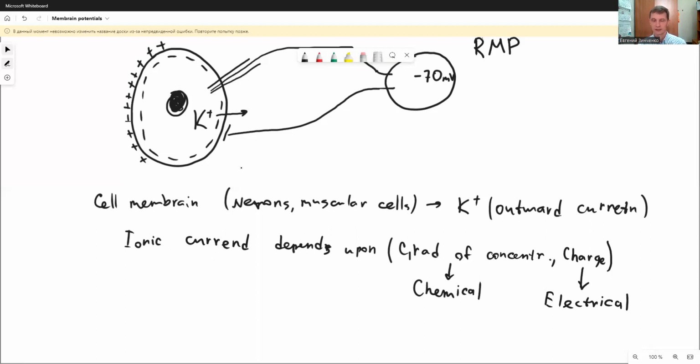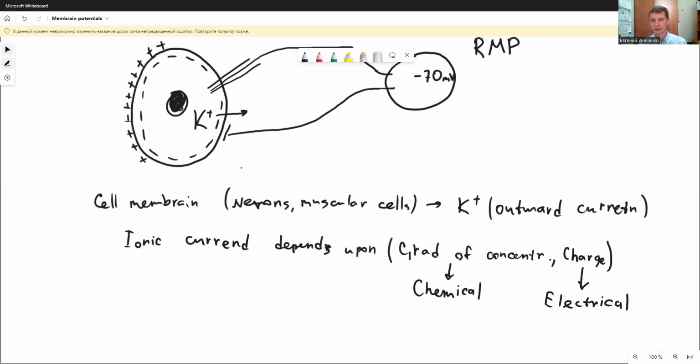Finally, the intensity of the ionic current depends upon the interaction between these two forces, chemical and electrical.